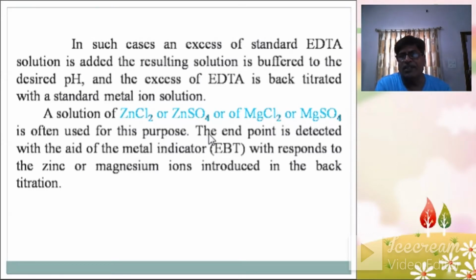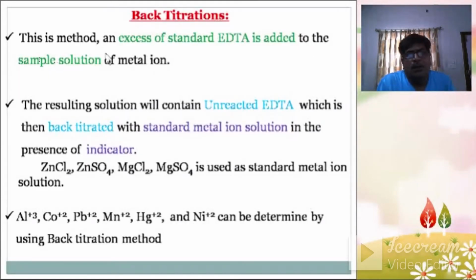The end point is detected with the aid of the metal indicator EBT, which responds to the zinc or magnesium ions introduced in the back titration. In this method, an excess of standard EDTA is added to the sample solution of metal ion.